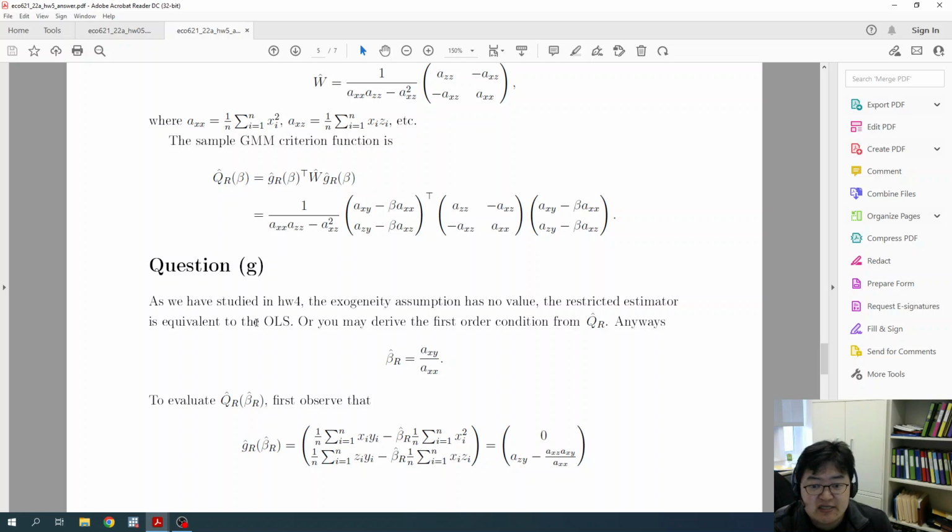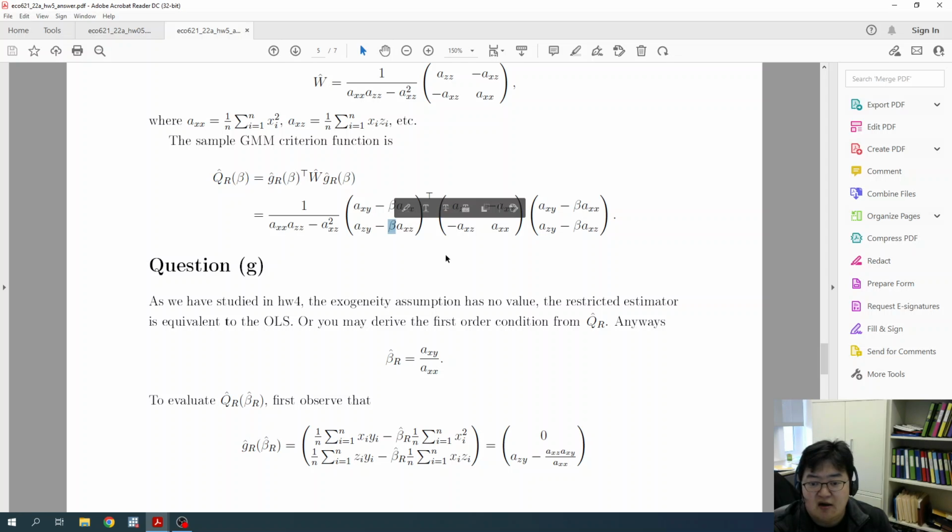Your restricted estimator will be the OLS, because you are assuming that X is exogenous. So the optimal weighting estimator will be the OLS. Either way, you are going to get the same answer, but the safest way is to calculate the first order condition and then plug that back into here.